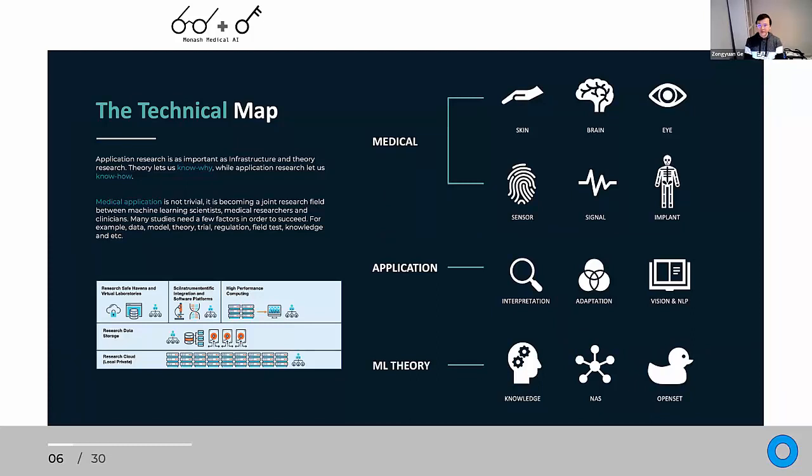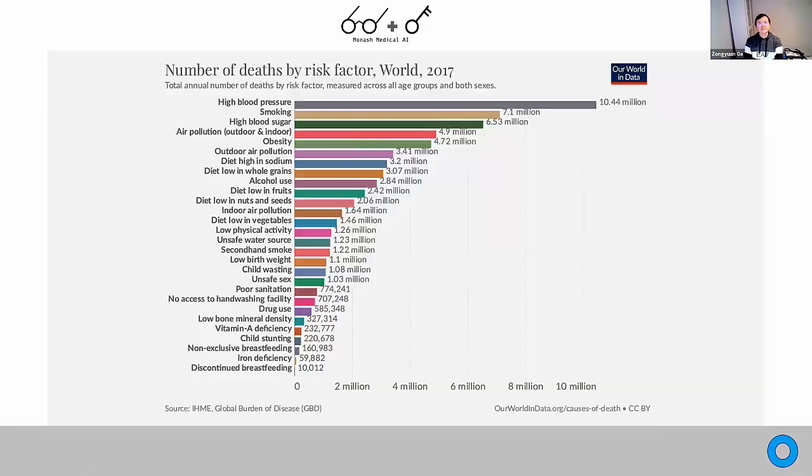Then at the very top, getting all the nutrition from the bottom 2 levels, we develop the end technologies for skin diagnosis, brain and eye disease diagnosis, different sensors, signal interpretation models, and medical implementation sensors to understand what is happening inside our body.